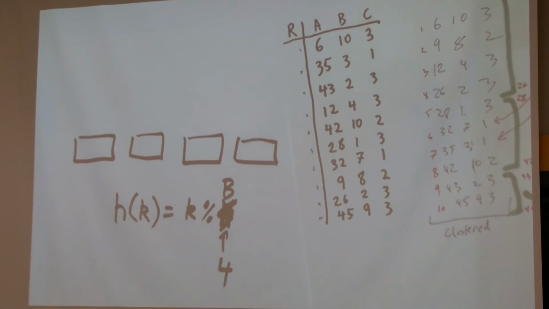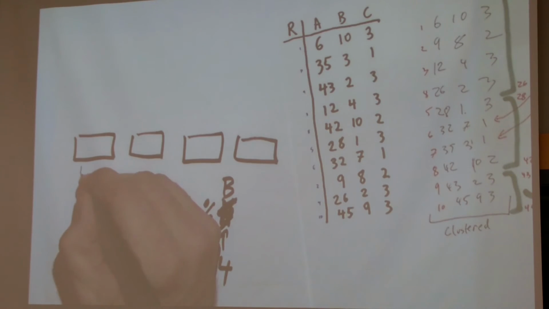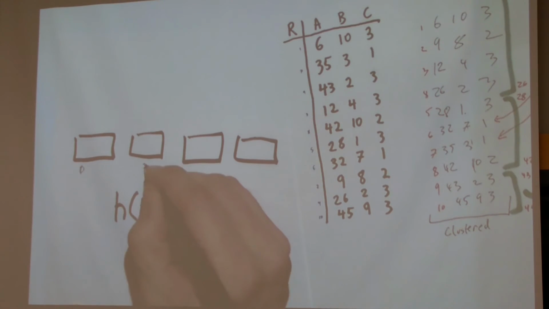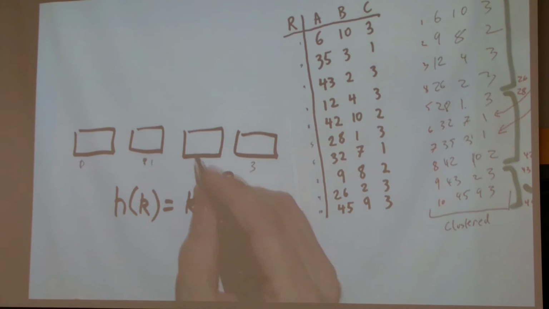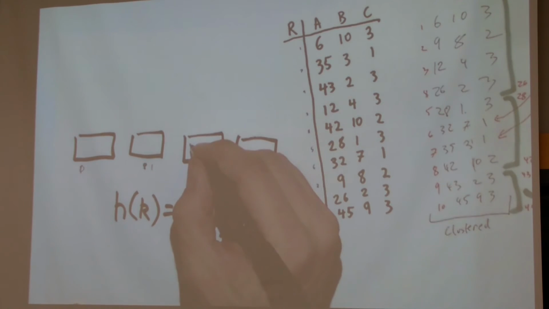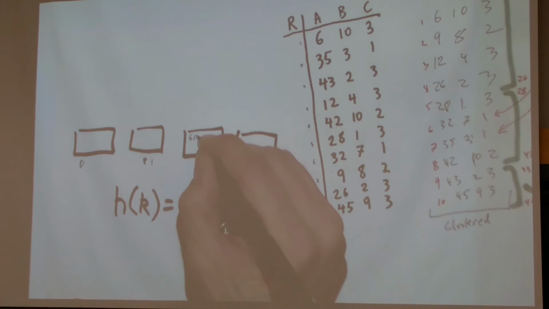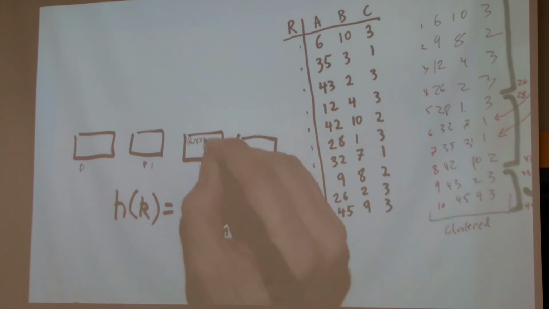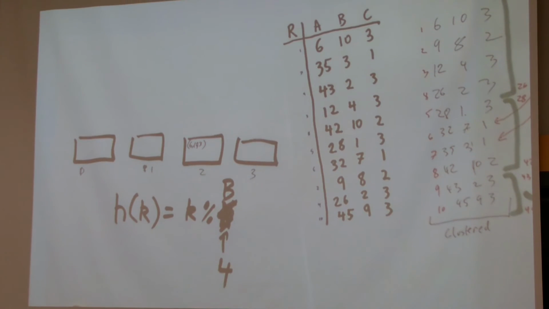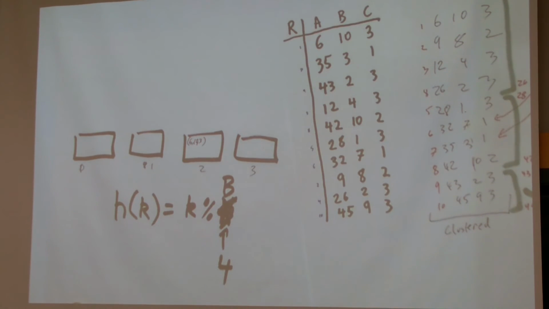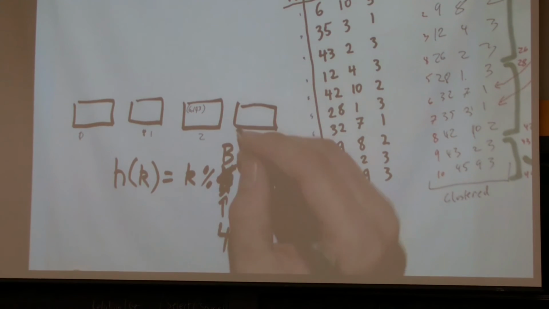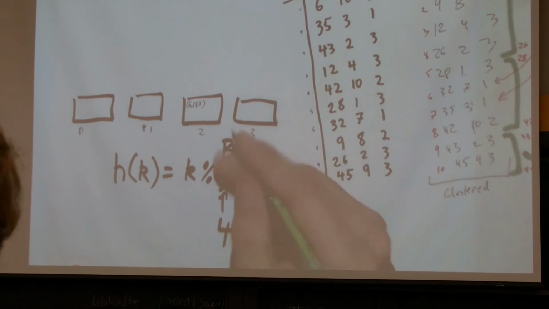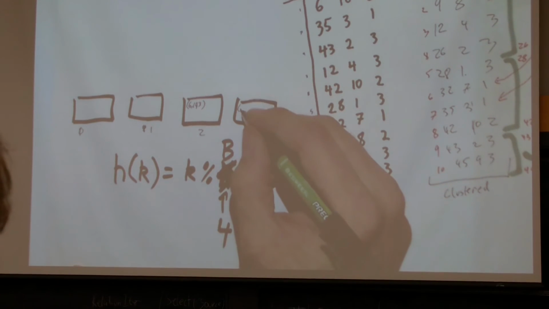So 10 mod 4 is 2. So we've got bucket 0, bucket 1, bucket 2, and bucket 3. So 10 mod 4 falls in here. I put the record 6, 10, 3 into this bucket. 3 mod 4 is 3.